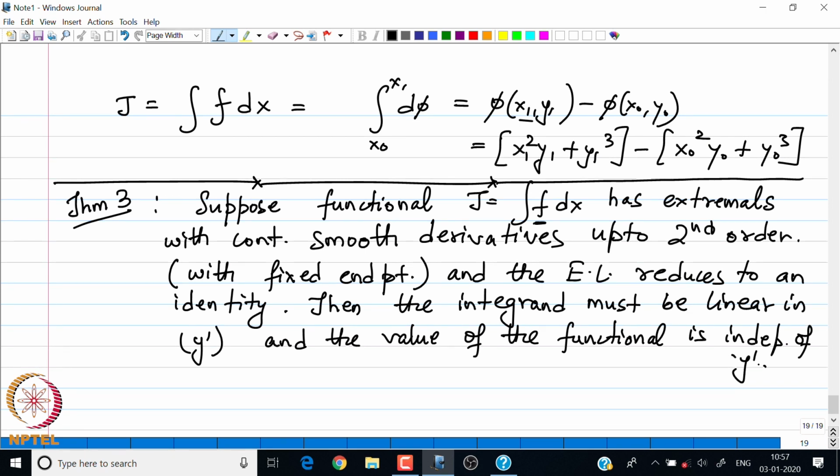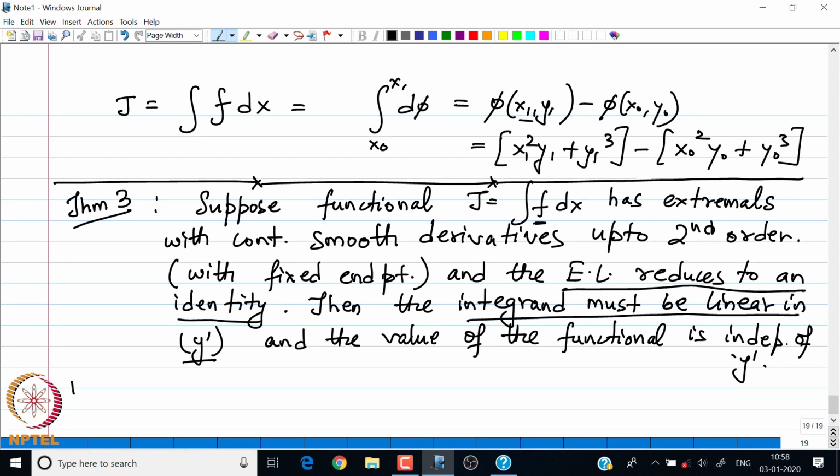So, what I have said in this result is the following, that whenever the Euler-Lagrange, this is the most important part of the statement, whenever Euler-Lagrange reduces to an identity, it necessarily is going to give us the case 4, that is, the integrand will always be a linear function of y prime, right. So, this is as if we are saying that an identity in the Euler-Lagrange will, if and only if, with a necessary and sufficient condition, lead to the case described by the case 4, right.